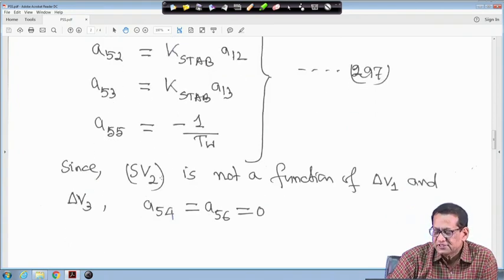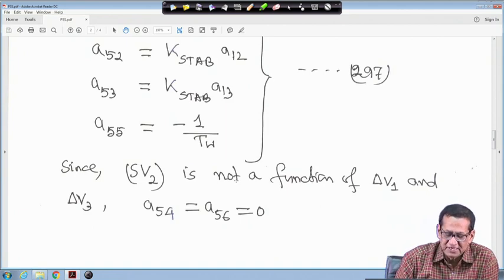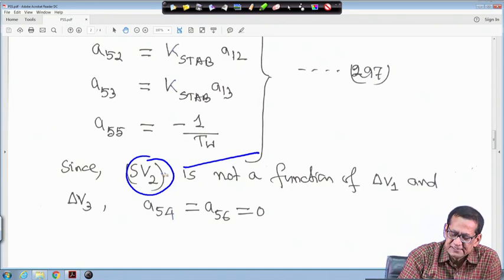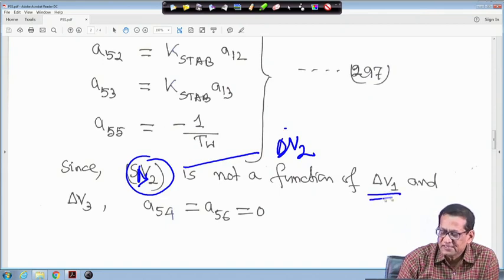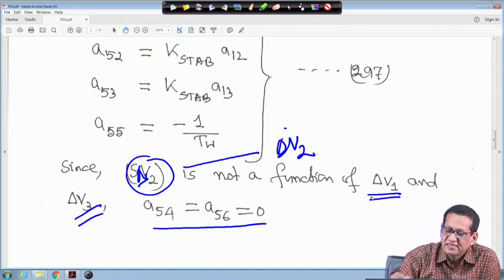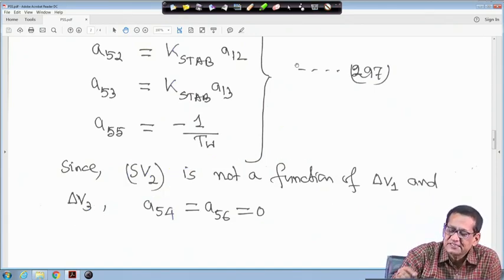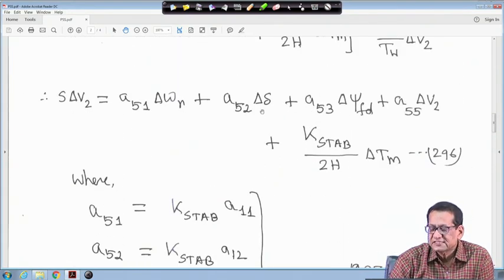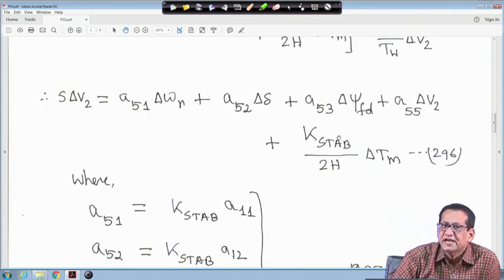Since S V2, that is S delta V2, which is actually delta V2 dot, is not a function of delta V1 and delta V3, A54 and A56 are basically 0, because delta V1 and delta V3 are not there on the right hand side of this equation.